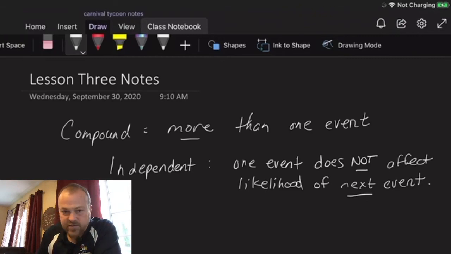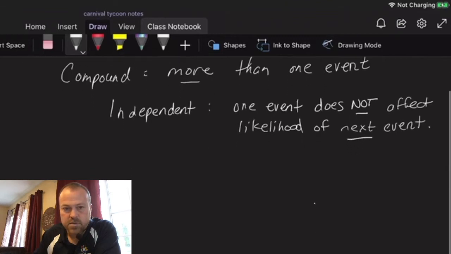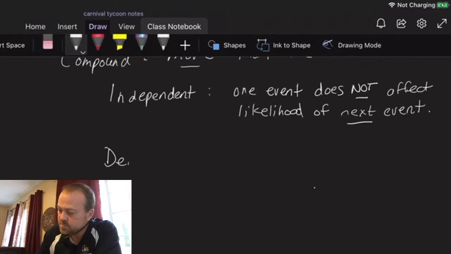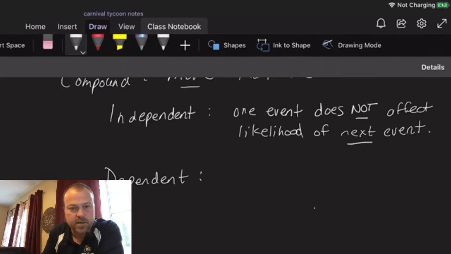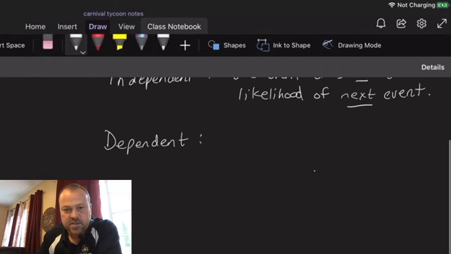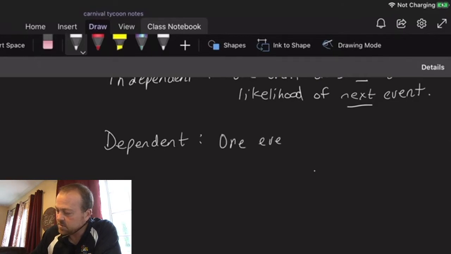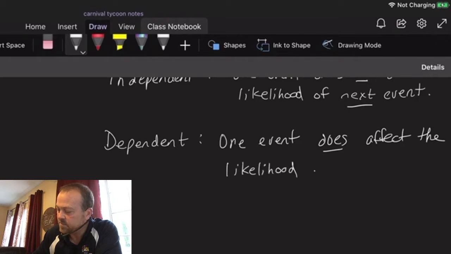So for dependent events, I'll roll this up just a little bit for you. Again, this is the exact opposite of independent. For dependent events, one event does affect the likelihood of the next event.